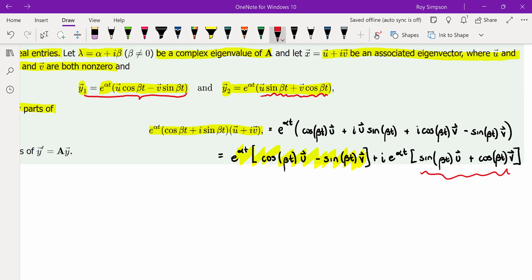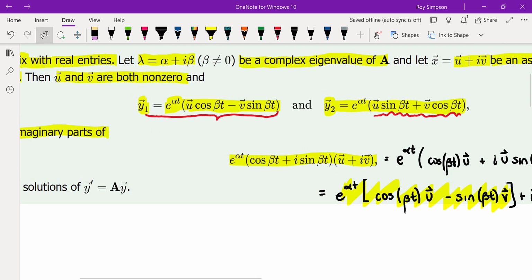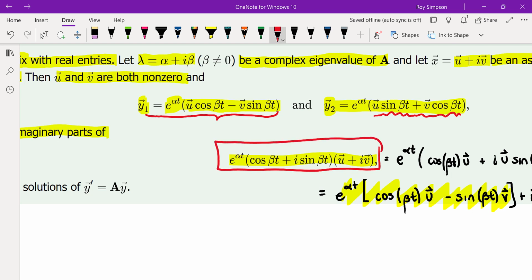So I kind of dig it that your author says, look, you just have a real part to this and an imaginary part to that. It's that e to the alpha t cosine plus i sine business, and then we have the eigenvector itself, u plus iv. That's actually a really nice way to do it. And if you need to know which part's real, just distribute very quickly and you can find out.